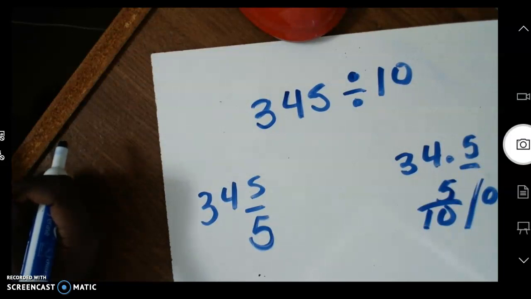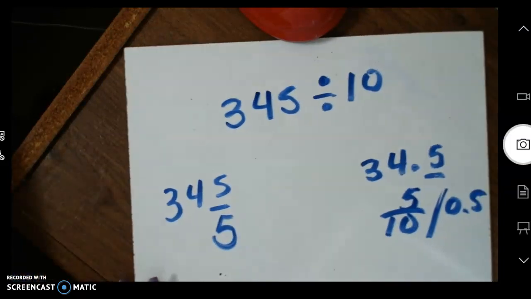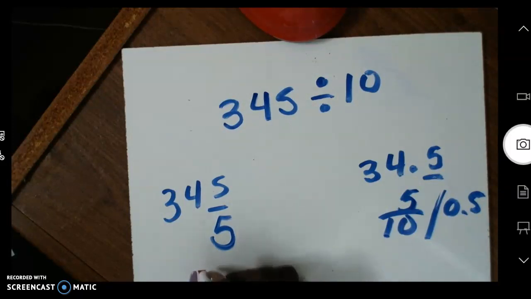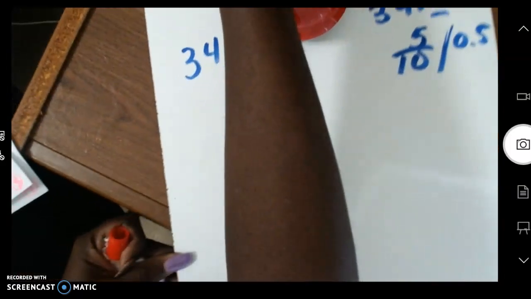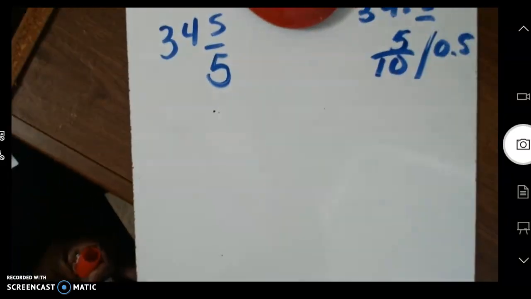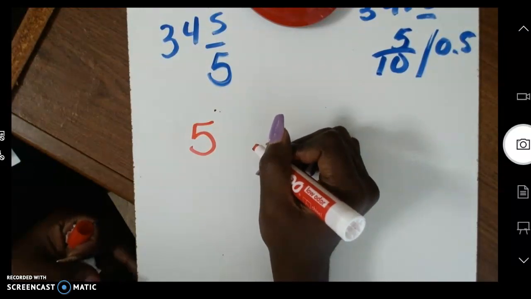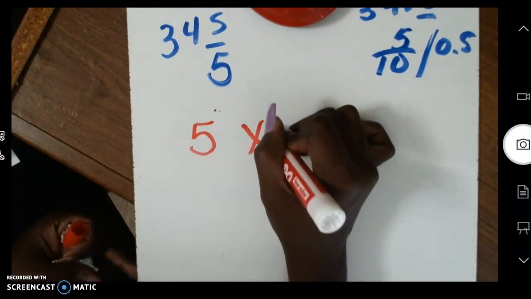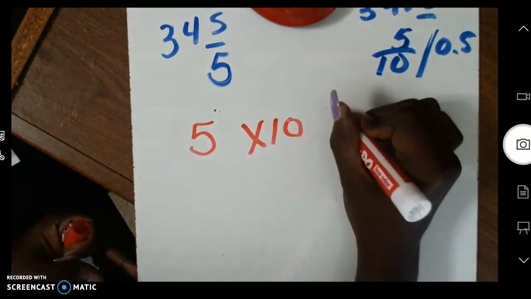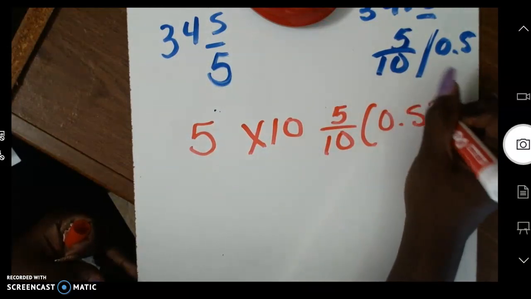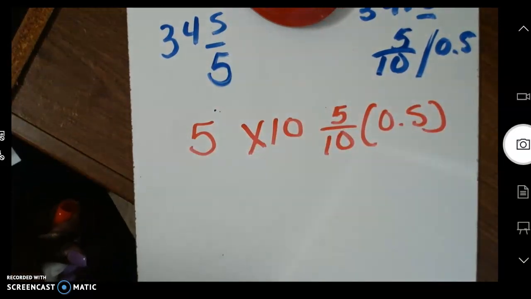Now let's compare the value of both 5s. The 5 in 345 is 10 times greater than the 5 in 34.5.